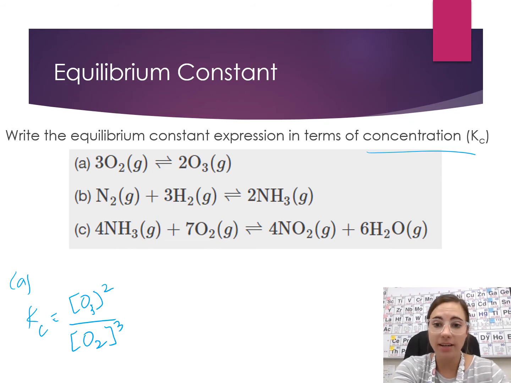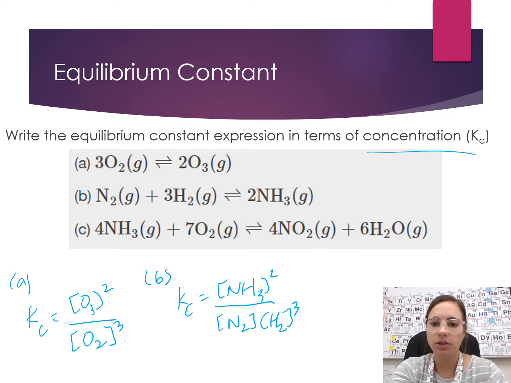I use my brackets because I'm doing concentration. Same thing here, product NH3 squared, because its coefficient is 2, over H2 to the third, because it's a coefficient of 3.